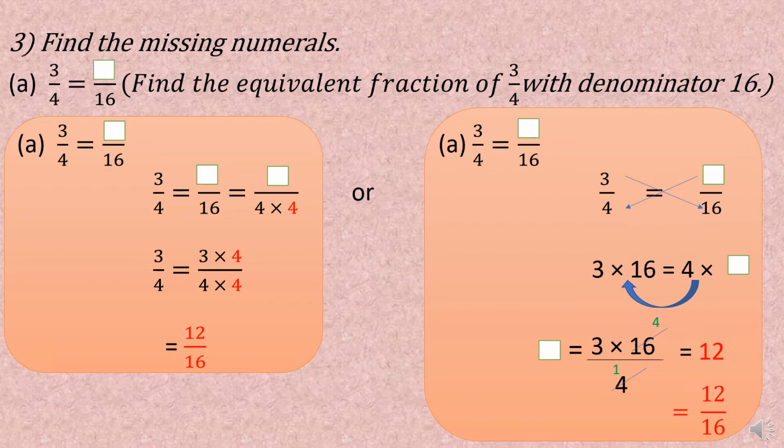Then the multiplication sign becomes division. 3 into 16 divided by 4, we get 12, which is the numerator. Even in this case, we get the same answer, 12 by 16.